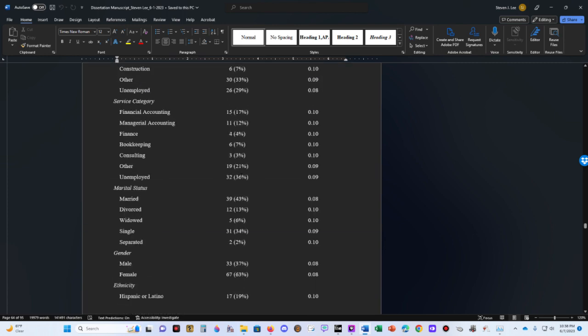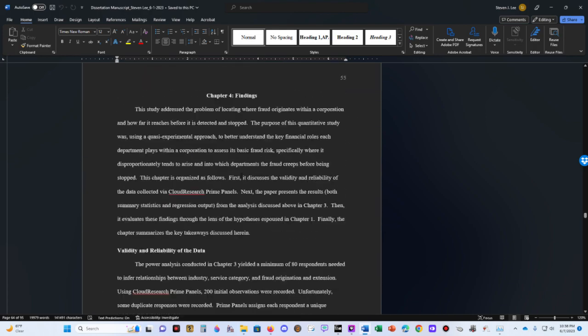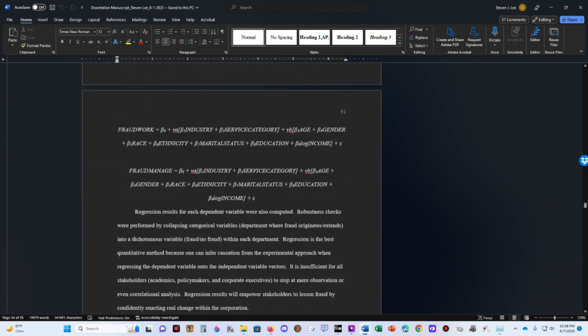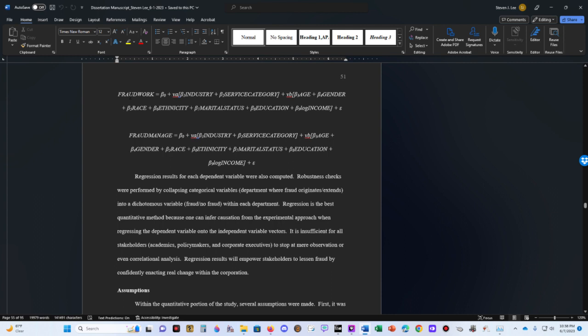So actually, let me go up to the model just so that you know what's going on in this research. I have 2 models actually: fraud work and fraud manage. Fraud work is the model where I wanted to see if participants from certain industries and service categories, defined by LinkedIn, where you can filter by industry and service category, so I decided to use those, were more or less likely to commit fraud in the simulation, that is, cheat.